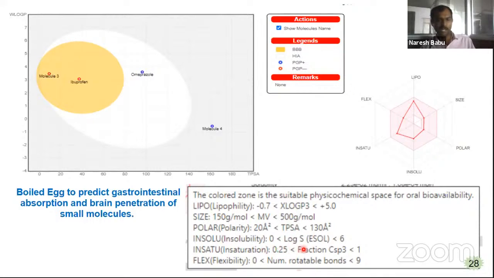Insolubility, log S, should be 0 to 6. Saturation, that is fraction of sp3 carbons, should be 0.25 to 1. And flexibility of the compound, based on the number of rotatable bonds, should be between 0 and 9. If the compound obeys these parameters, then the drug has good oral bioavailability.